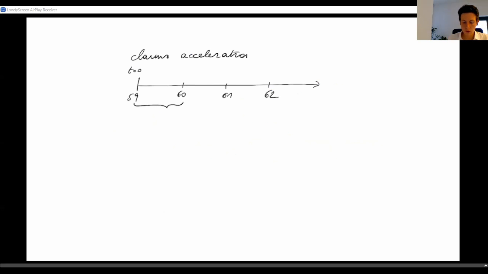If death occurs in the first year, then the death benefit will be paid half of the year. So at time t equals 0.5. If I look at my blue cover, if that happens in between 60 and 61, then the death benefit will be paid halfway through the year. And for my green cover, if that occurs between 61 and 62, it will be paid again halfway through the year.